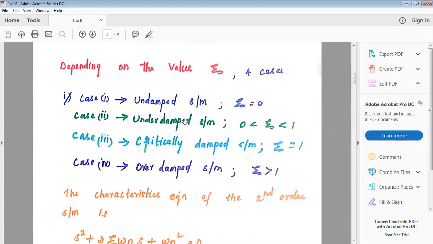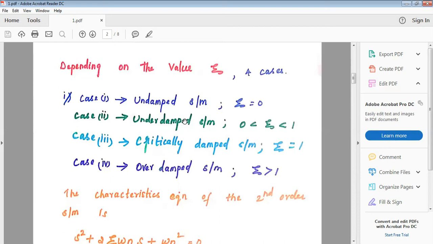So in a second order system we actually have 3 components. One is zeta, one is omega n, and another one is omega d, right? Omega suffix d. We know theta is the damping ratio, omega n is the natural frequency, and omega d is the damping frequency, right? Here omega d is the angular frequency at which the system tends to oscillate in the presence of damping force.